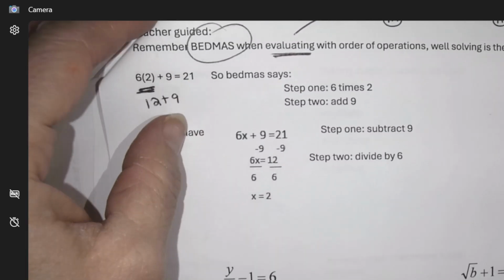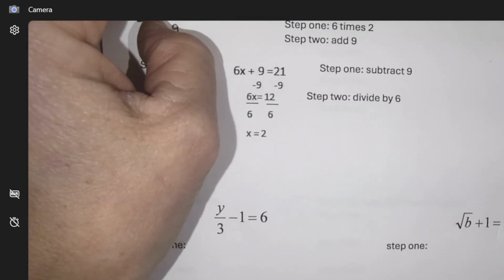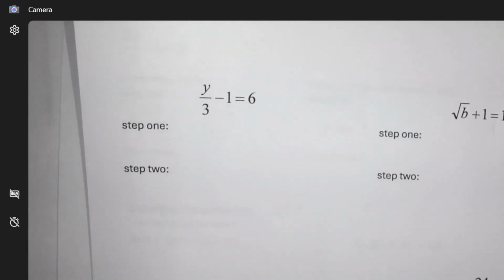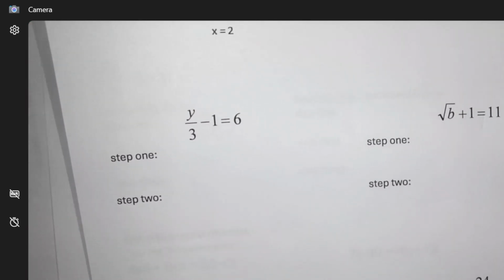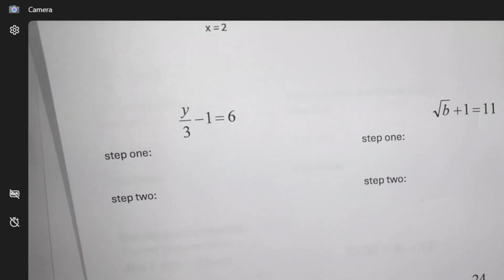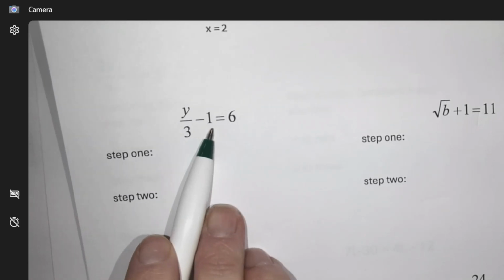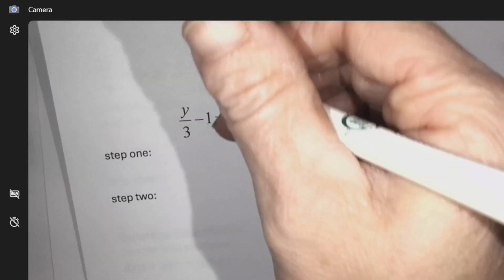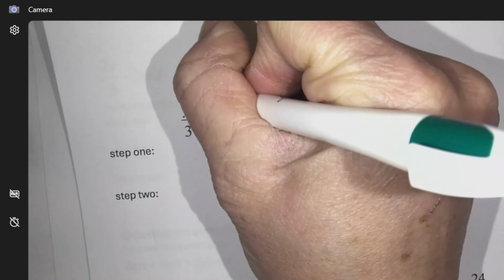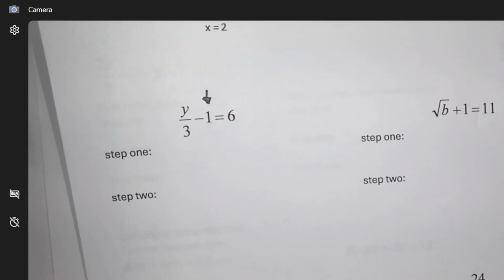Ready? Now we're going to do some two-step equations. Here we go. Which one should I attack first? Divide by 3 or subtract 1? You have to attack the subtract 1 first.